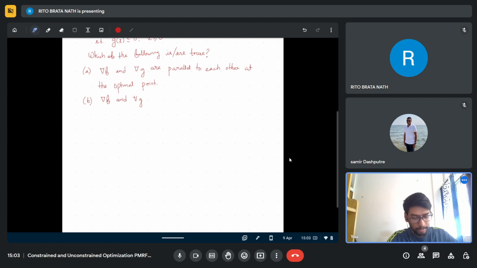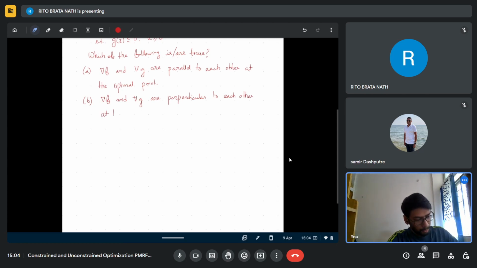I'll be going through all these problems, and some of the problems have some issues that I noticed. Okay, so option B is grad of f and grad of g are perpendicular to each other at the optimal point.